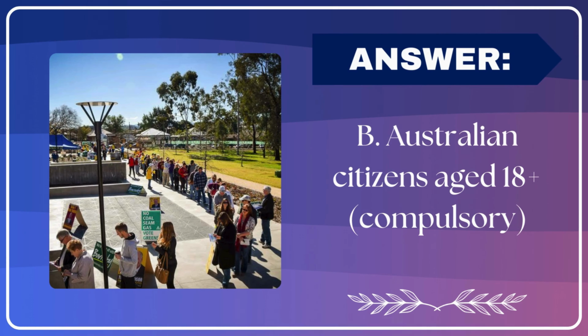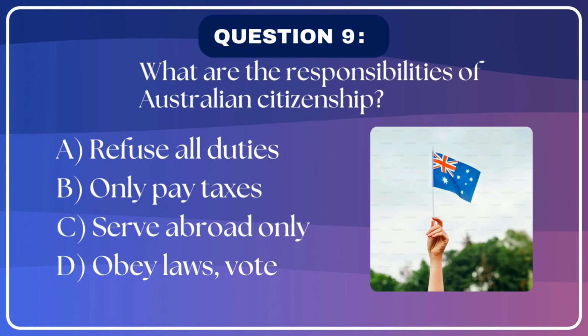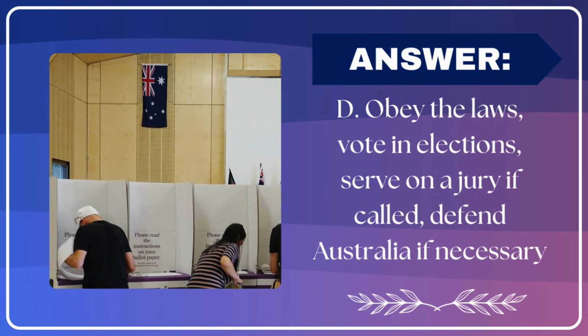Australian citizens aged 18 years or over, voting is compulsory. What are the responsibilities of Australian citizenship? Obey the laws, vote in elections, serve on a jury if called, defend Australia if necessary.